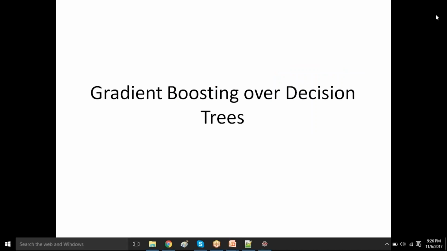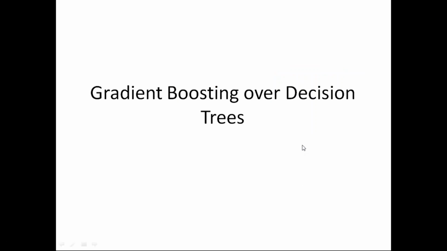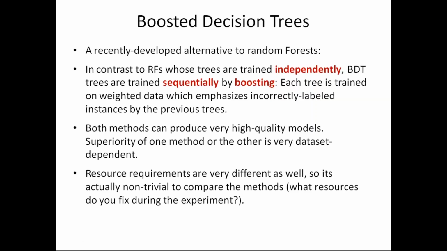So what I was telling is, I will introduce gradient boosting to you. Gradient boosting is a sequential model. First of all, you need to understand that gradient boosting is also a group of decision trees, like random forest.